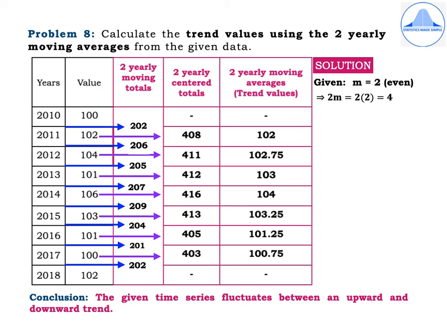Similarly, 411 when it's divided by 4 will give 102.75. And the other trend values are 103, 104, 103.25, 101.25 and 100.75. The conclusion in this case will be the given time series fluctuates between an upward and downward trend.